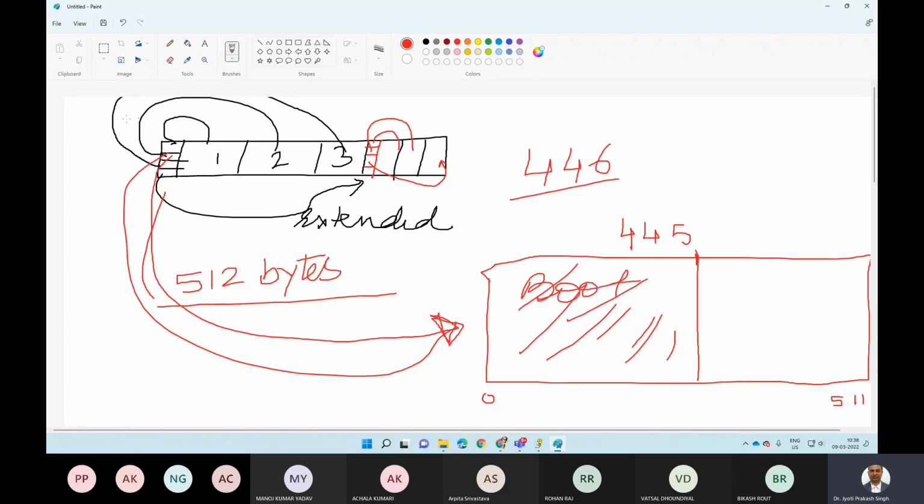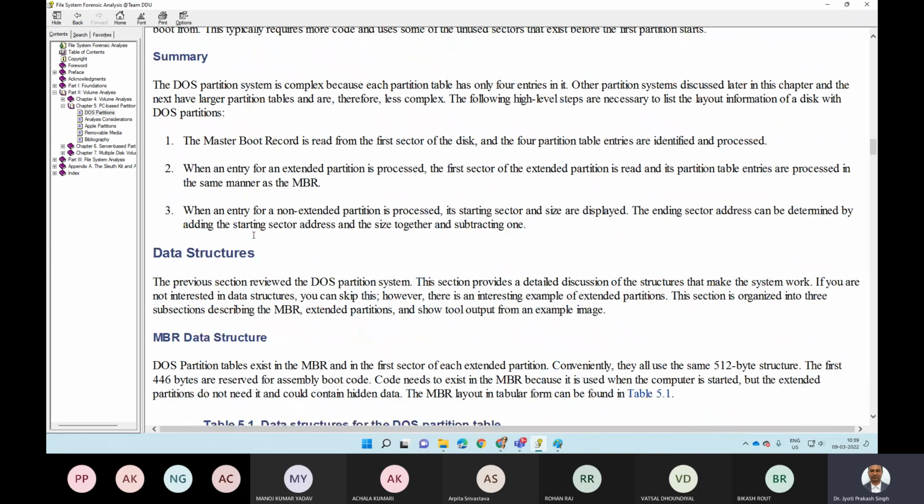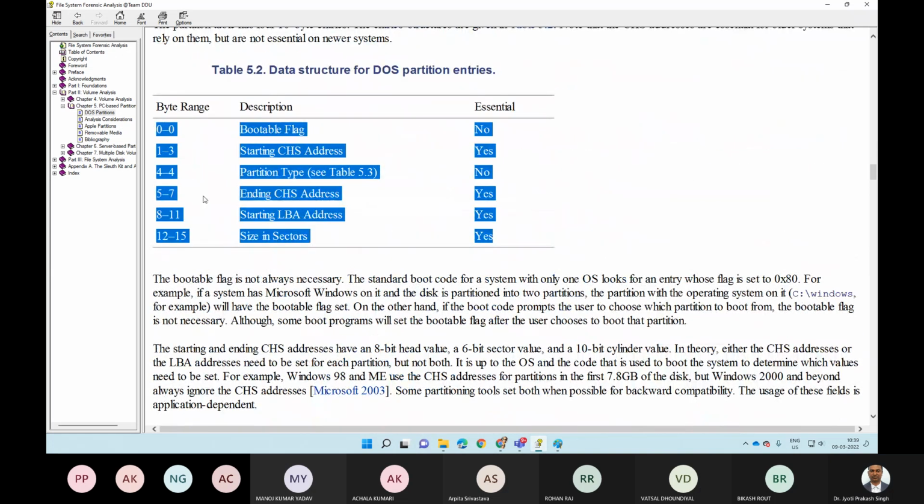After that, we have the partitions basically. All this partition information is shown after that. So what is there in this? These 4 partitions we talked about. In each partition, these are the things we need to keep.